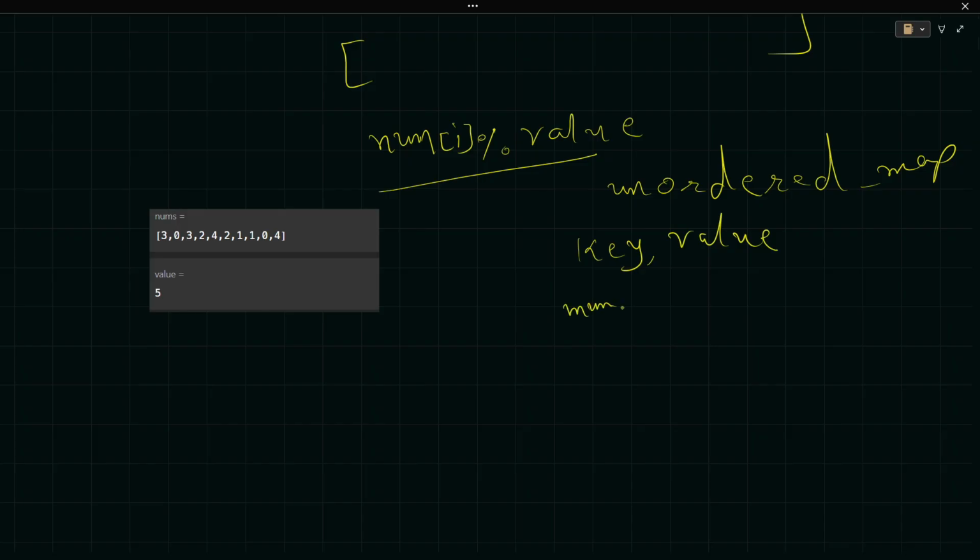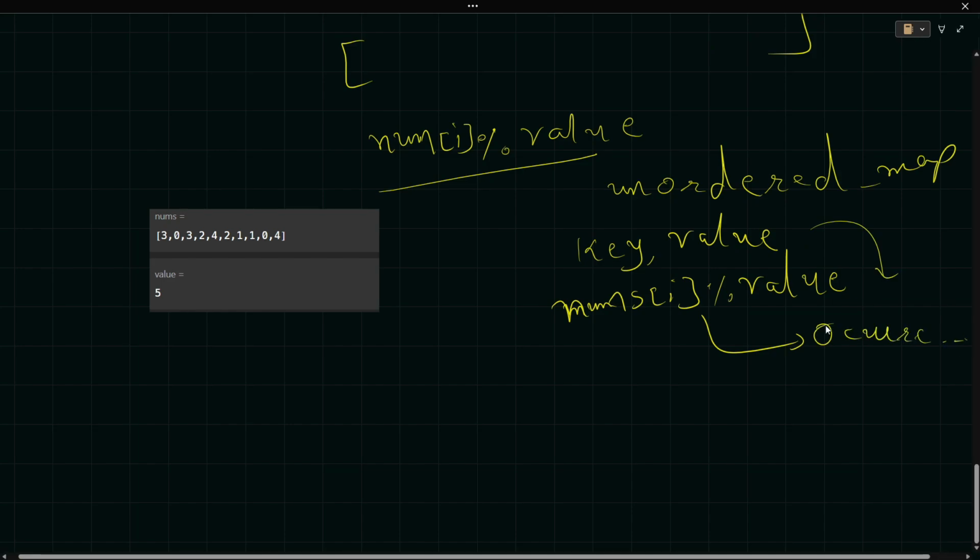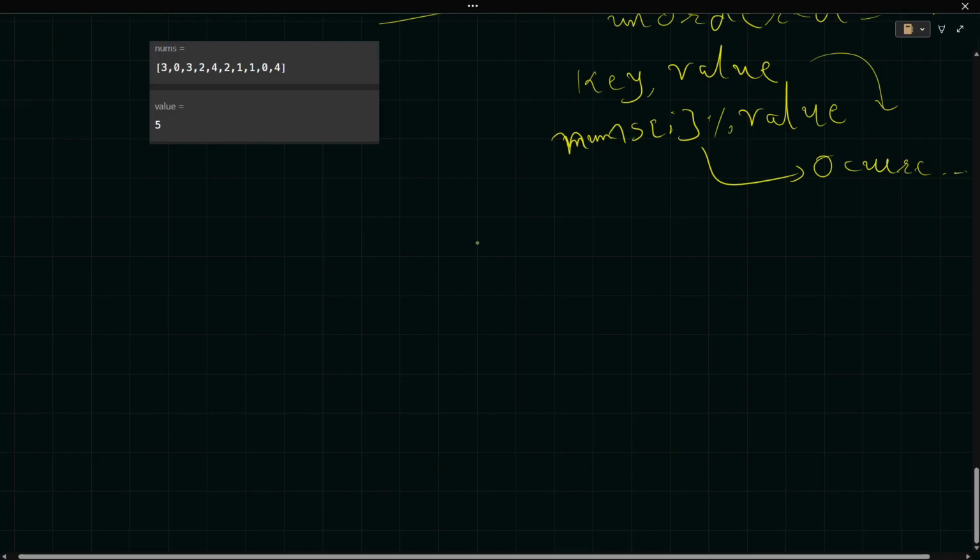Nums of I modulo value would be our key, and the value would be its occurrence. So I would track all the occurrences of each element after taking the modulo of it with the value. Let's have a quick go through this problem.